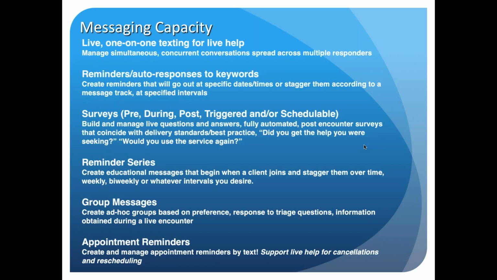Well, then you can ad hoc group those individuals at a later time just to send content to them. So thinking forward as to, once we have our live help, when we're providing live help, what are we gathering? What information are we gathering about clients that might make it possible to then group them and send them additional content down the road?